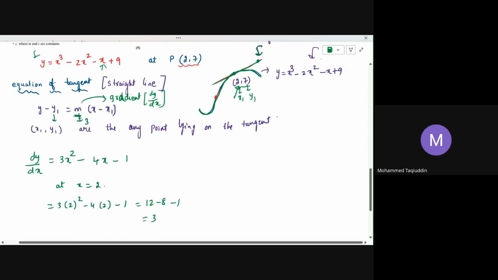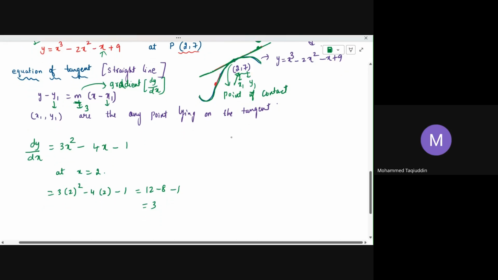I also know what y1 and x1 are. That is 2, 7. They are the coordinates of a point lying on this tangent. And also remember, this point is known as the point of contact. You should know this. This is the contact between the tangent and the curve.